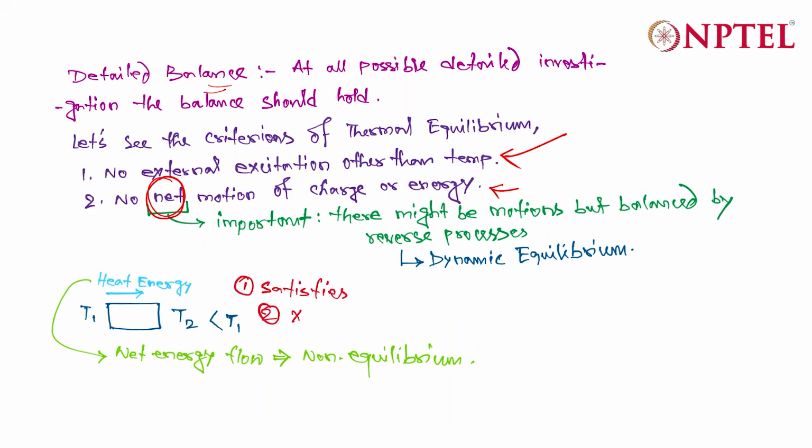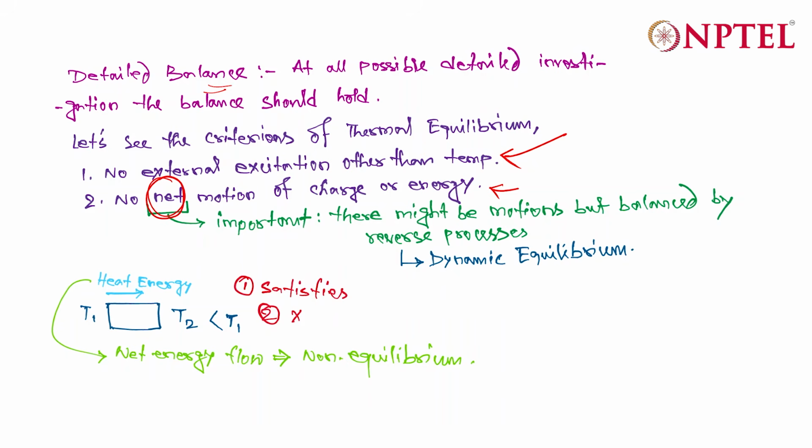A lot of things are happening, but there is a reverse process. So always remember that the word net is very important. So we should say no net motion. It's not like no motion of charge and energy. There might be motion, but there should not be any net motion.